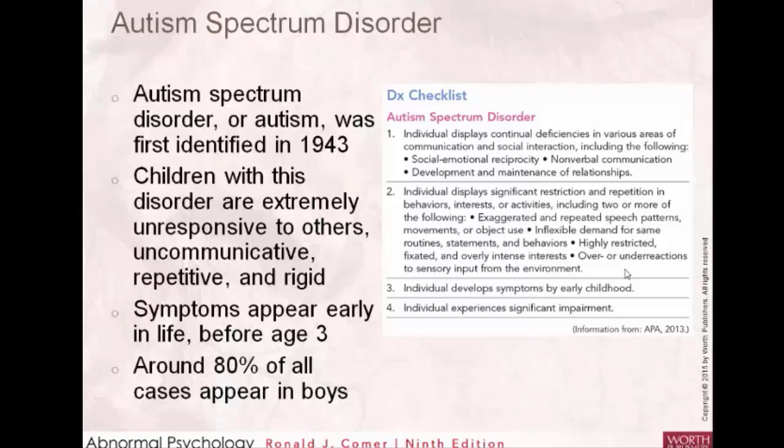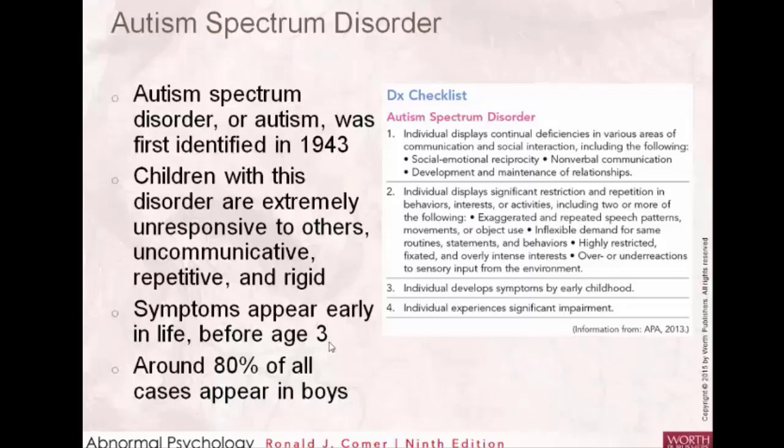Now, these symptoms have to appear early on, but they may not be diagnosed early on. Symptoms usually appear before the age of 3, but that doesn't mean that there's a diagnosis. It means that once the individual receives a diagnosis, looking back, we typically see the symptoms started by age 3.